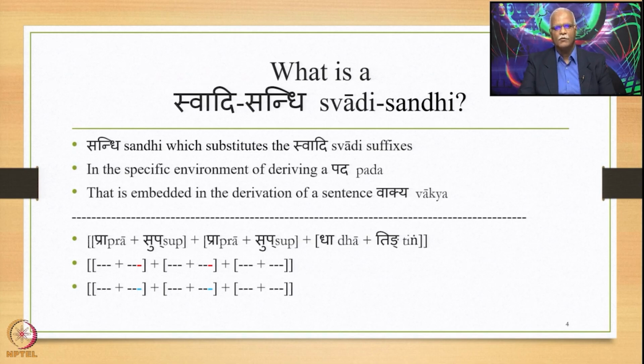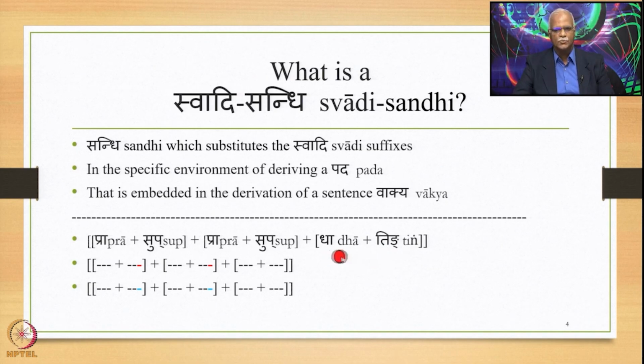So, to put it in the form of an equation, we can say that if we have this particular string which consists of a big bracket left hand side over here and a right hand side bracket over here, indicating that this is a sentence, and this has got three internal square brackets indicating that they are padas, the constituents of the sentence, and as the definition of sentence goes, there should be at least one ting, and ting is a pratyaya attached to a particular type of prakriti, namely dhatu.